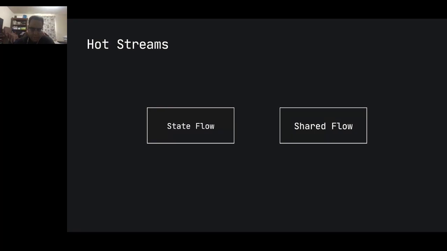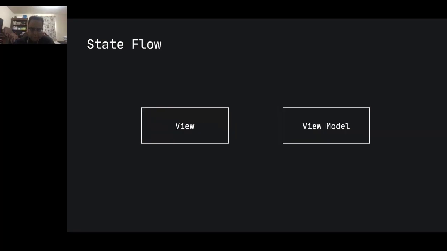In Android, you may be using an MVVM architecture, and you could have a view model that has a stream of UI states that it communicates to the view with.